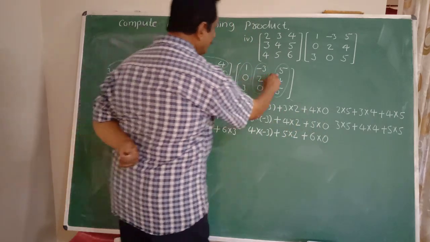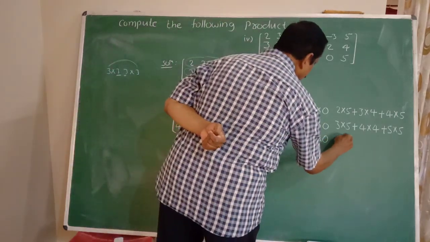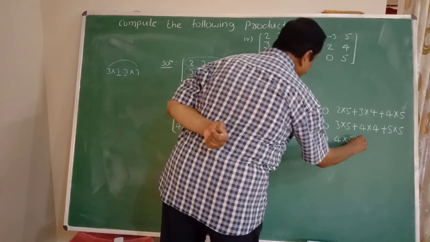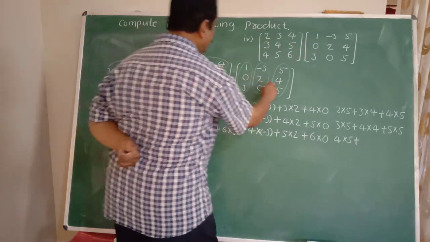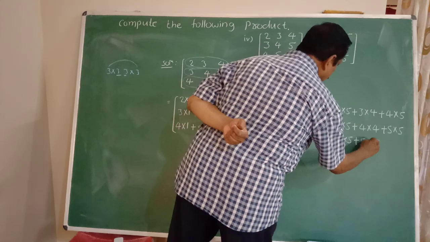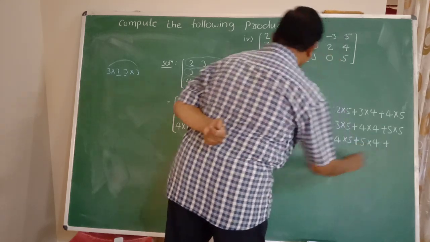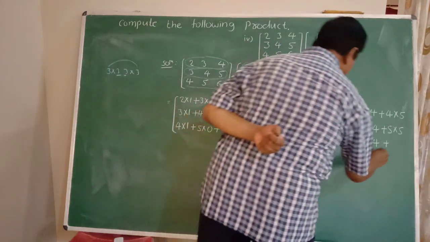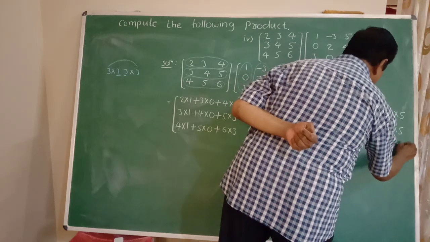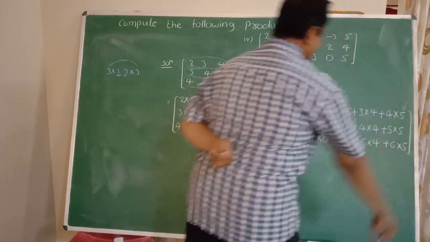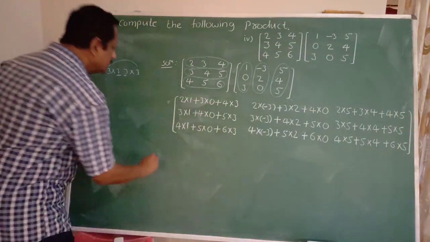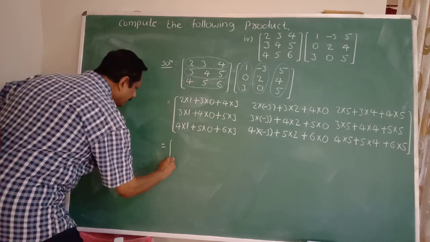Then 4 into 5 plus 5 into 4 plus 6 into 5. Okay, then this is equal to, now simplify.